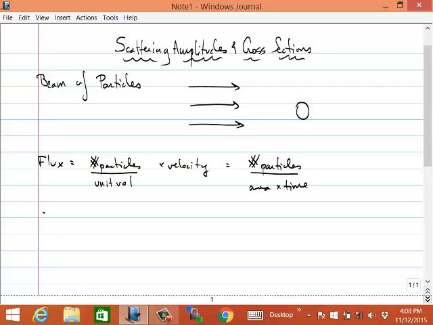And the thing that you would actually measure in a particle physics experiment would be the cross-section, typically denoted sigma, and that would be the number of particles scattered by the target or by some collision process divided by the flux per unit time. Okay. So for example, if you have a target and you're throwing particles at it, but the particles don't interact with the target at all, they pass right through, the cross-section would be 0.